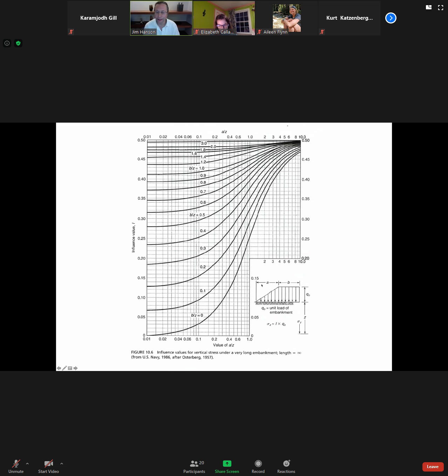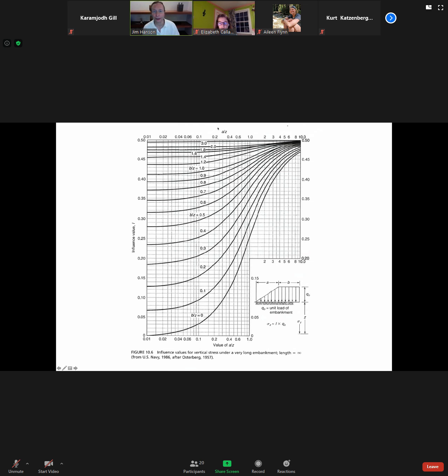And all of this, you have to recognize, is for a half of an embankment. So this would behave right here as a center line for this embankment, and there'd be a mirror image of it over on the right side that would apply as well.